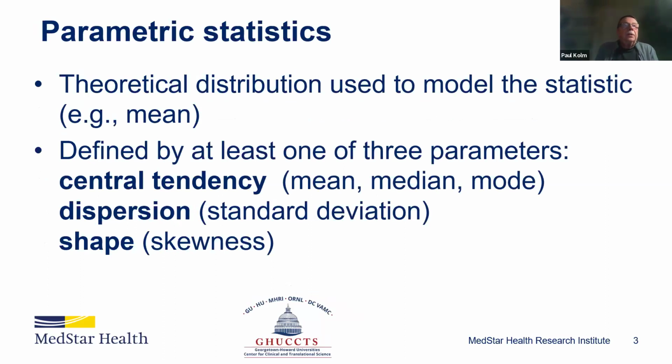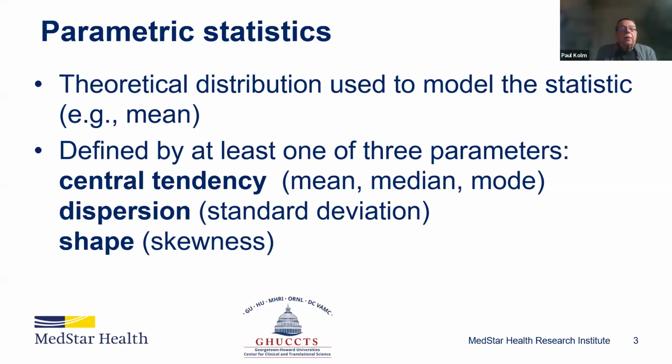So when we talk about parametric statistics, what we mean is that we're using some theoretical distribution to model the statistic of interest, for example, the mean. A theoretical distribution is defined by at least one of three parameters: the central tendency, the dispersion, or the shape.